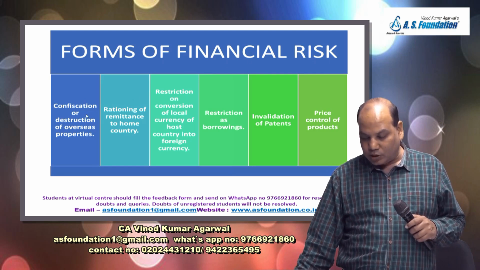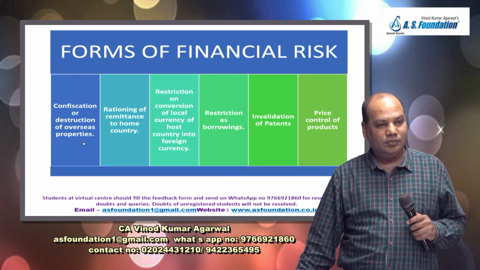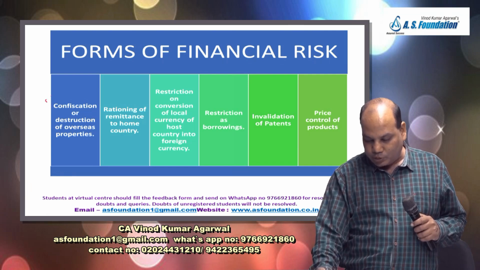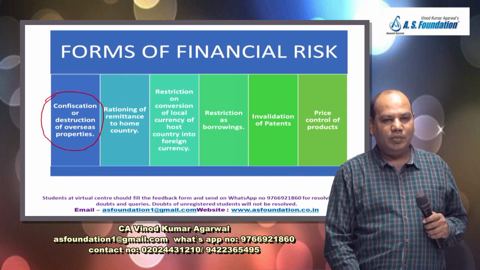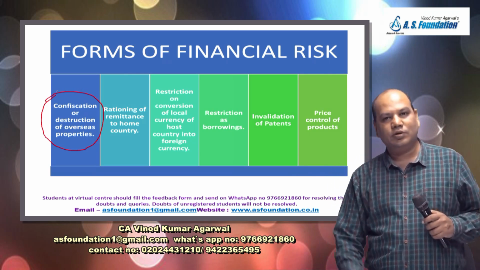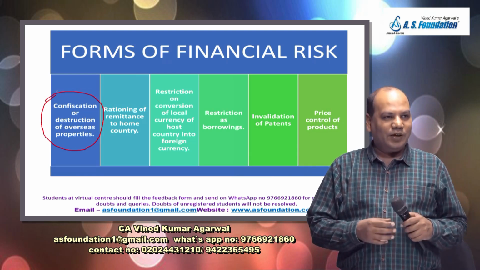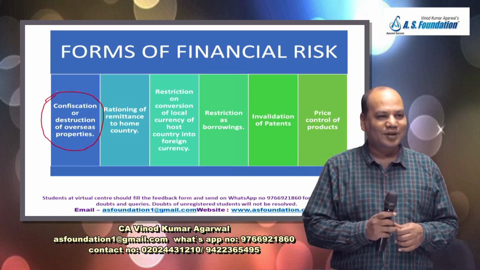The example is confiscation or destruction of overseas property. Suppose tomorrow some political party in India decides, no, we will not have McDonald's in India. All McDonald's shops will be broken. People who don't have any other work will come out with rods and hockey sticks.